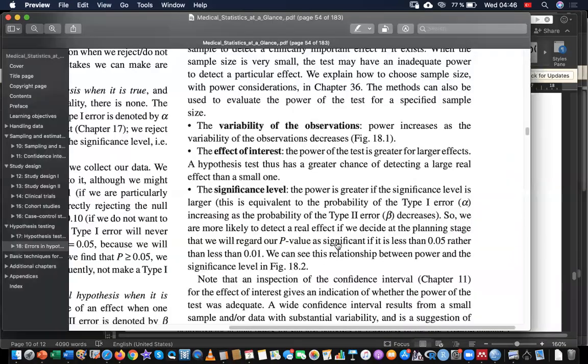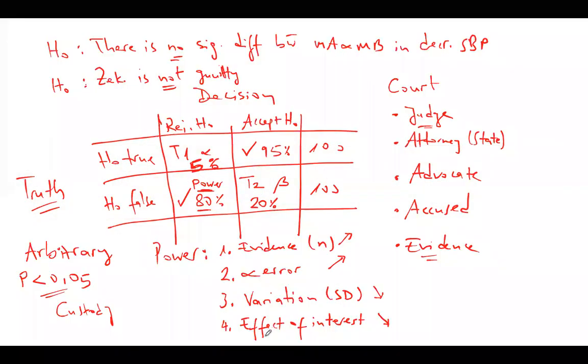Okay, so if the effect size is large, you will have a higher power to decide. But if you are somebody who wants to know all the details, you have a small effect size, then you need much more evidence. You have to increase the evidence.